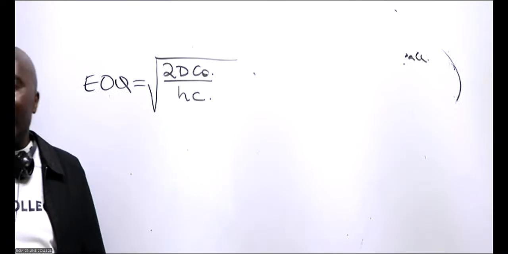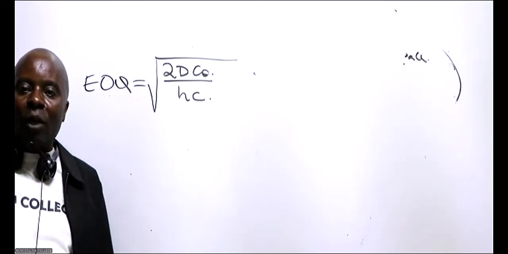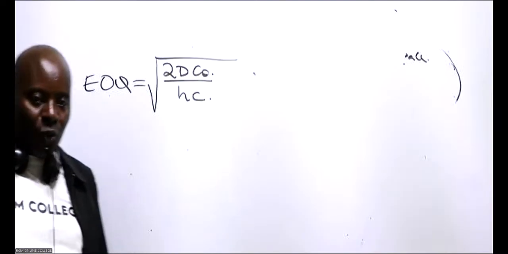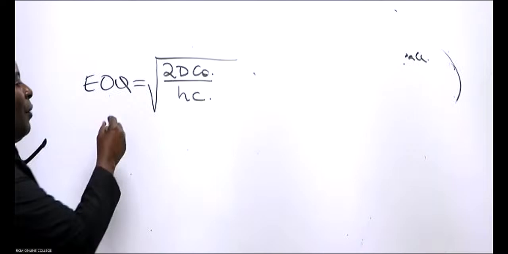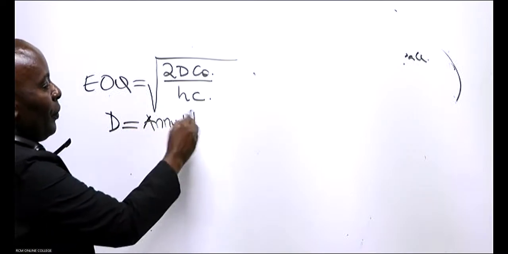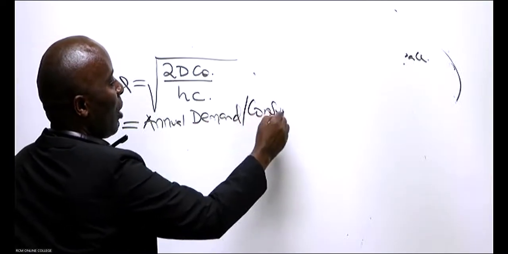So then I would want us to use the same example illustration that I've just given, the one which we have used to get the stock levels. We calculate the EOQ. And as we do that, it will be very important for us to know that D is annual demand, or annual consumption.